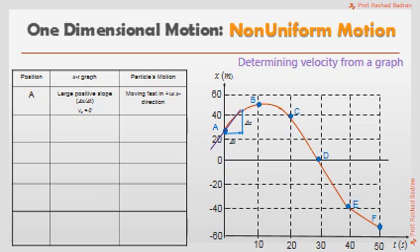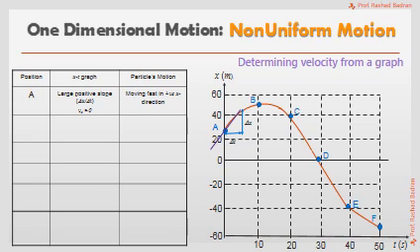The position of the race car, measured in meters, is plotted versus time in seconds in this curve. The different locations A, B, C, etc., represent the positions of the car at different times. Here, we want to find the instantaneous velocity at each position.